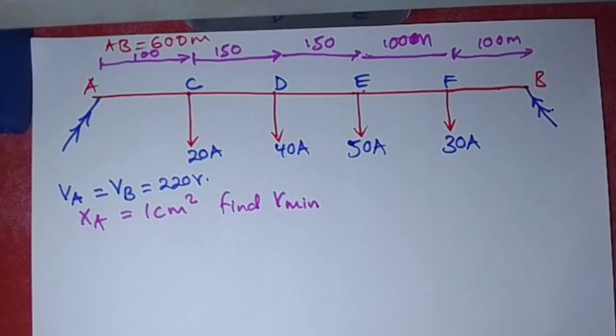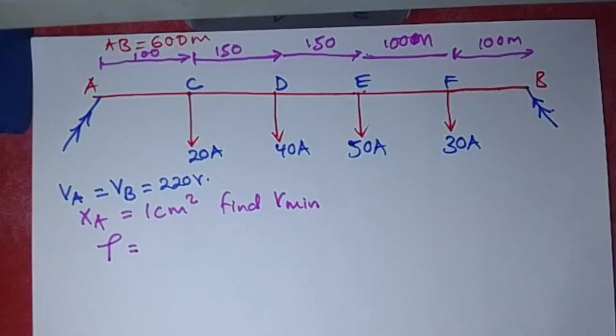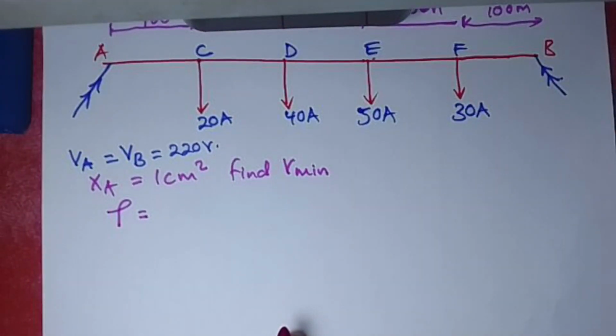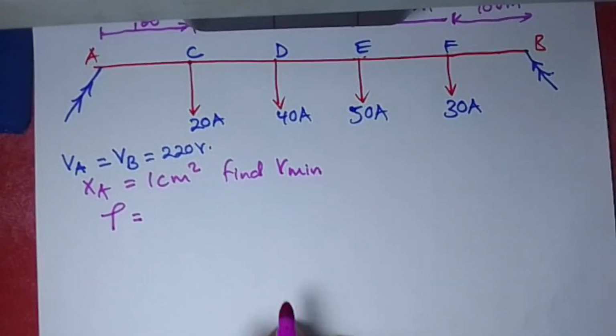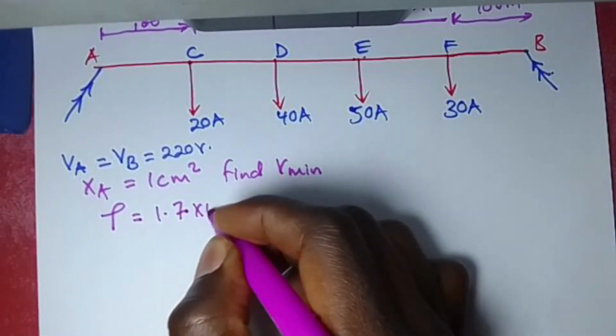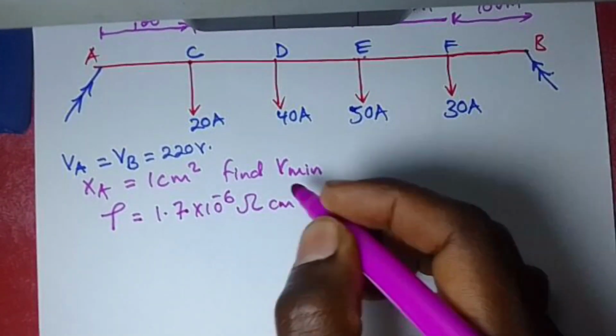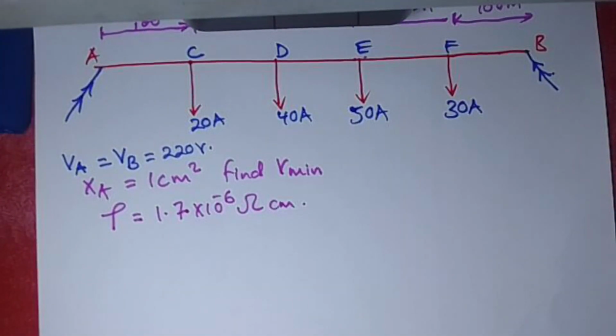And then they are saying take resistivity rho to be equal to 1.7 times 10 to the power negative 6 ohm centimeters. Now this value of resistivity is in ohm centimeters.